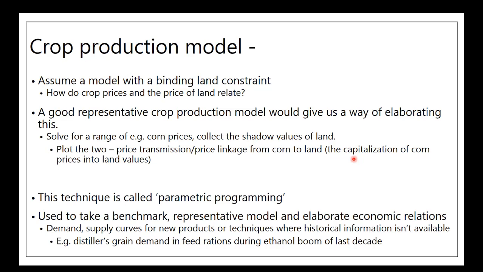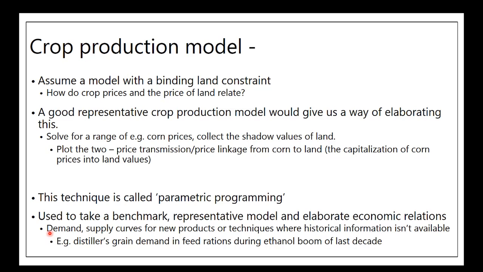And so coming up with some approximation of that could be important. The technique that we would use here is parametric programming. So we would solve for the range of corn prices, collect all the shadow values of land, plot the two, or analyze them some other way, such as correlation. Then we would have some sort of benchmark representative model, and it would tell us something about that relationship.